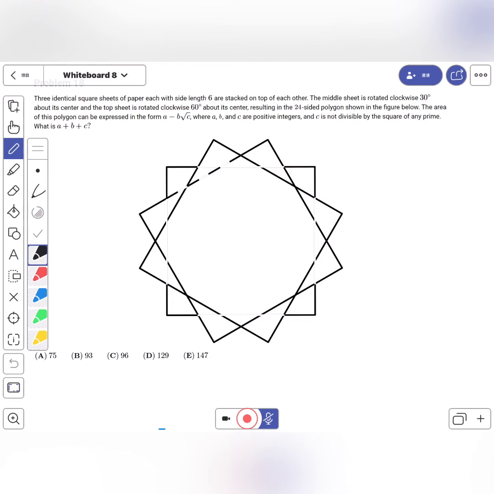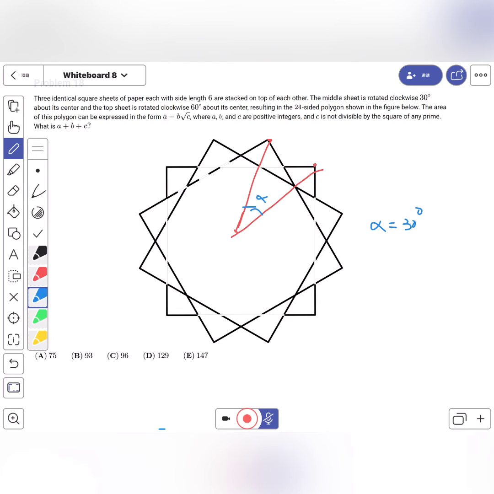So first we have to understand what the rotation means. We connect one of the vertices and the other one that's being rotated and connect it to the center. The condition that it is rotated 30 degrees basically means that the middle angle created, alpha, is equal to 30 degrees.